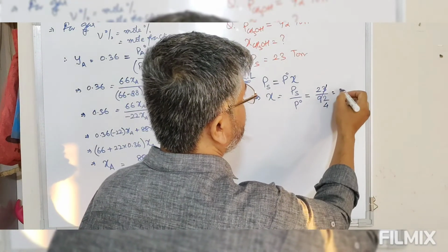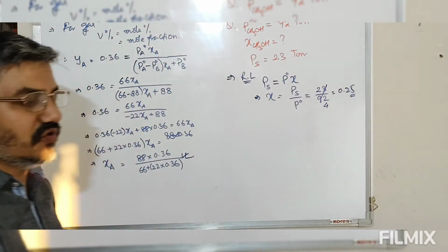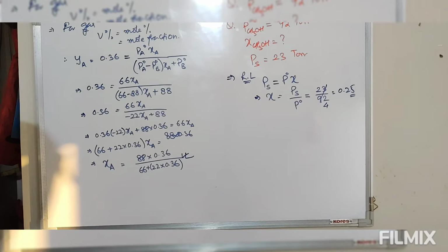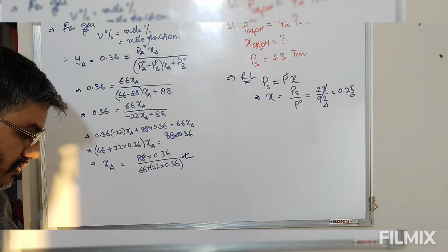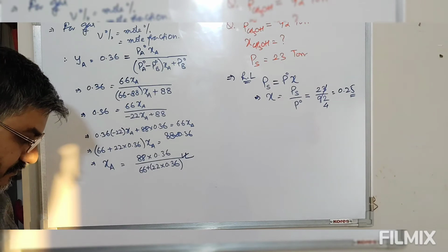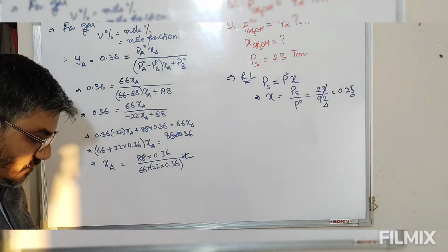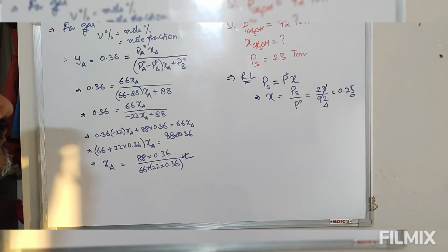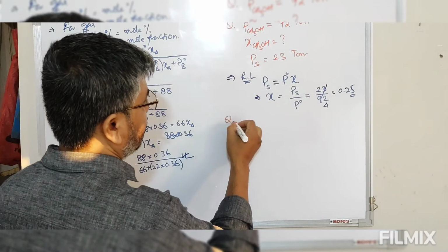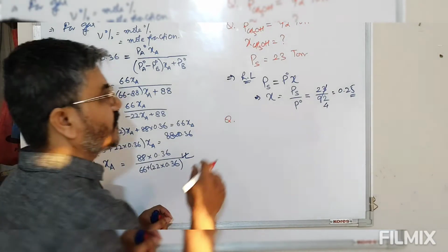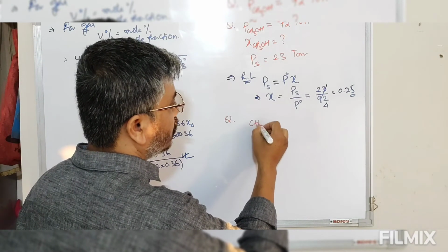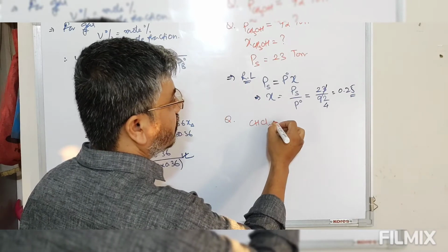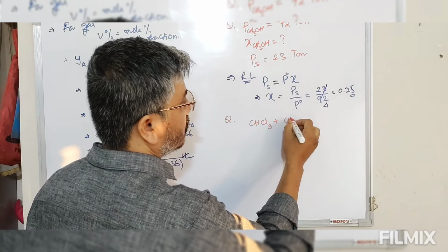This is the mole fraction of the pure solvent. So that is the use of Raoult's law. These are some of the objective type questions. Now some more questions. Look at this question carefully. Now we have a solution of chloroform plus acetone.